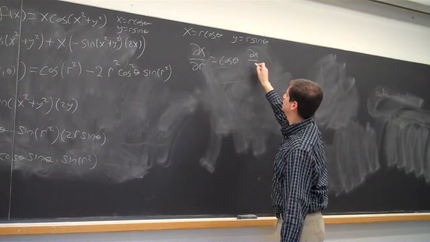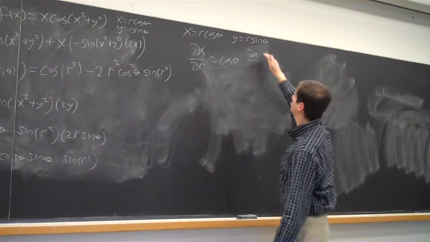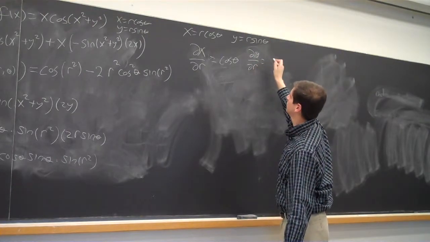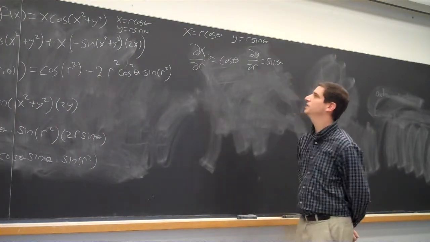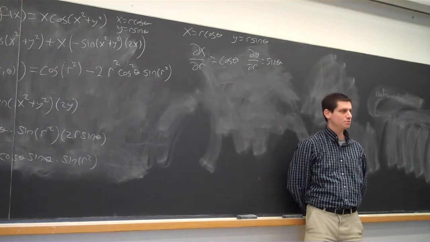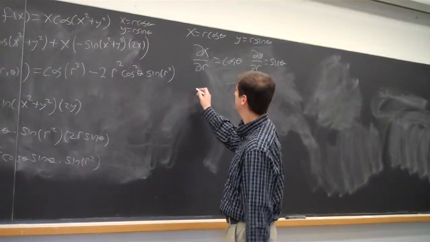Oh, and sorry, we need dy dr. What's dy dr? Sine theta. I wanted to write down dx d theta. I like to calculate dx d theta, but do we need it for this problem? No.